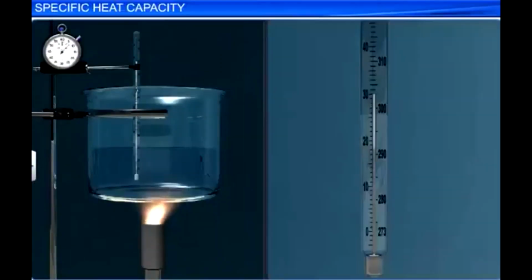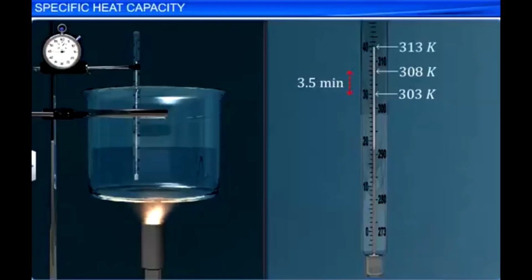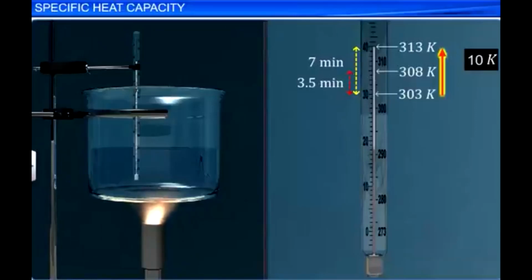If the initial temperature of water is 303 Kelvin and the temperature is increased to 308 Kelvin at the end of 3.5 minutes and to 313 Kelvin at the end of 7 minutes, the amount of heat absorbed for a rise in temperature of 10 Kelvin is double the amount of heat absorbed for a rise in temperature of 5 Kelvin.